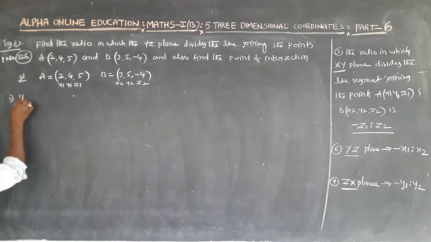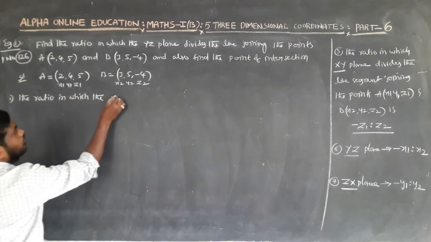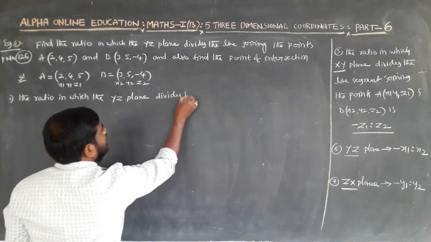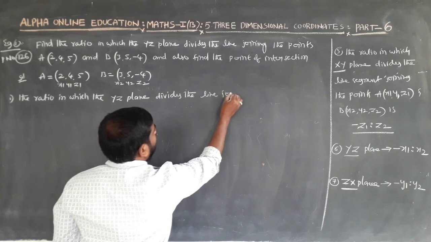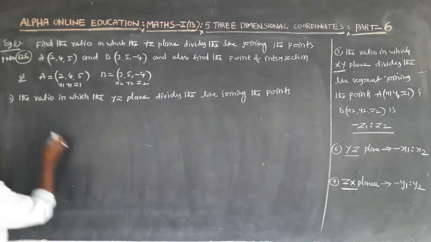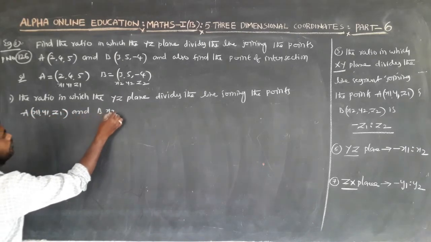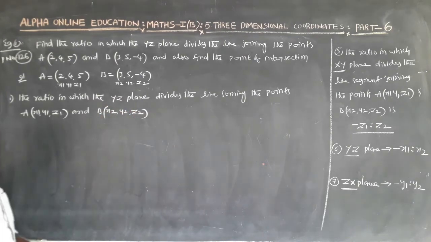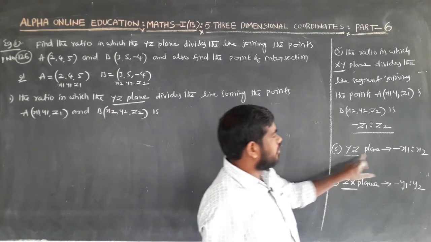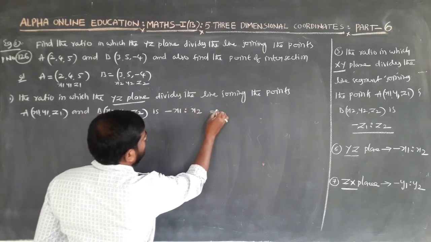The ratio in which the YZ plane divides the line joining the points A and B is minus x1 is to x2.